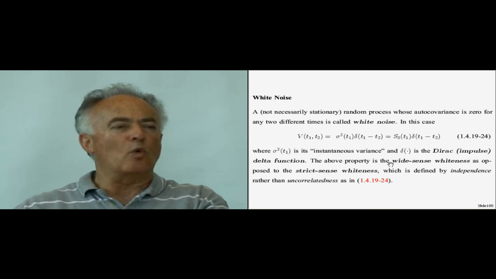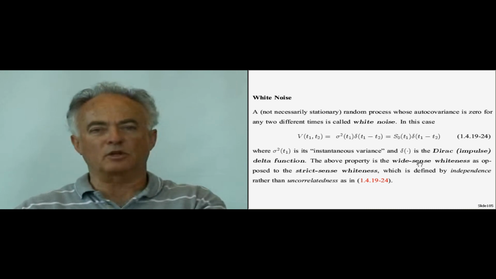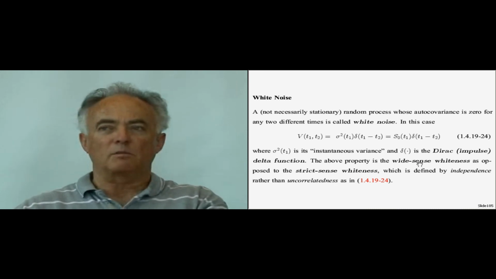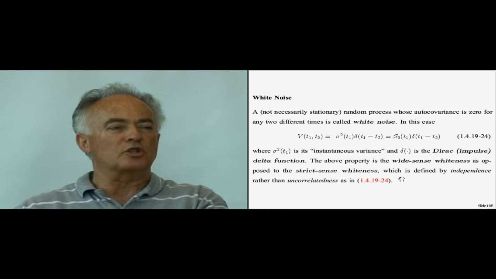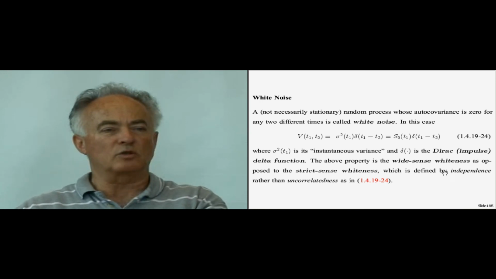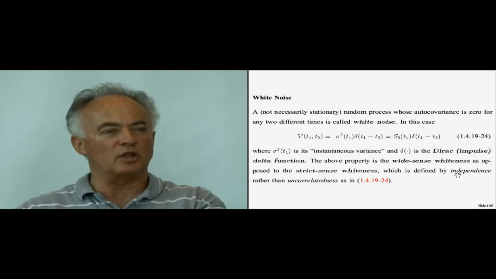This is the white sense whiteness as opposed to the strict sense whiteness. White sense whiteness means up to second order term it is white, means second moment. The autocovariance is 0 at any two different points in time. The strict sense whiteness says not just uncorrelatedness, but full independence at two different points in time.